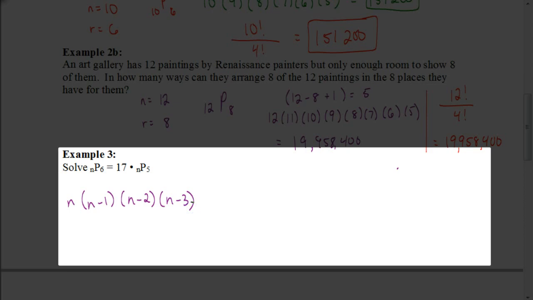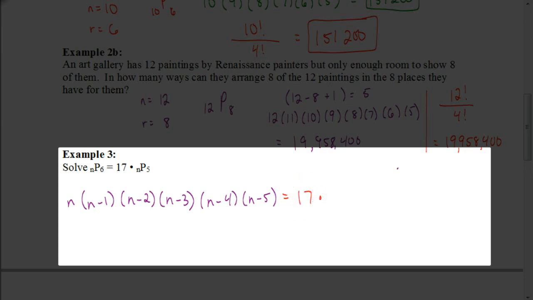Now to figure out where I have to stop, I'm going to stop at n minus r plus 1. In this case, r is 6. So negative 6 plus 1 is negative 5. So I'm going to keep going until I get to n minus 5. So what I've just done is I've expanded out the n permutation 6.